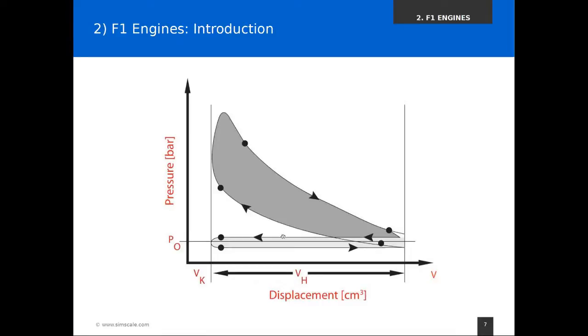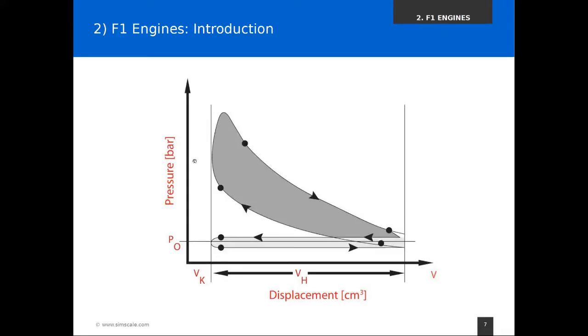What else could we do in order to increase the output of our engine? Suppose the driver pushes the throttle a bit more. So that means we can suck in a bit more air, and also in order to keep the mixture ratio constant, we can also mix in a bit more fuel. And when we ignite this mixture, we will have higher temperatures and also higher pressures.